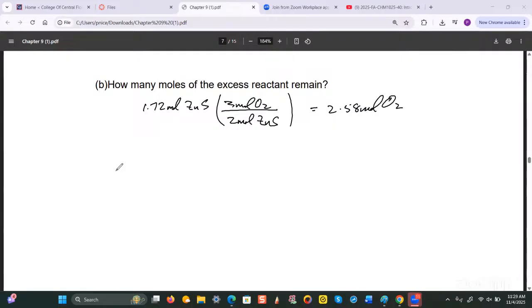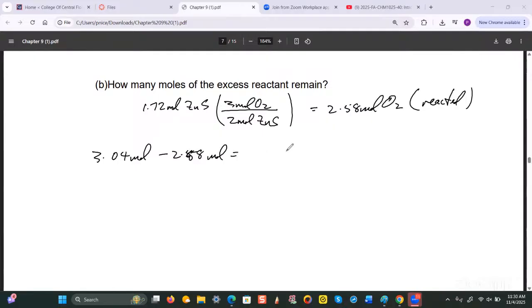Subtract that from the 3.04 moles. Okay, because this is the amount of oxygen that reacted, right? So to find the moles of oxygen that remain, that would be the 3.04? Yes, 3.04 moles. That was the initial amount, and then 2.58 moles of it reacted.